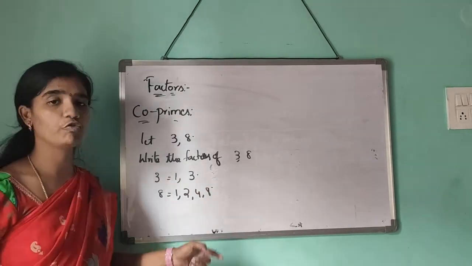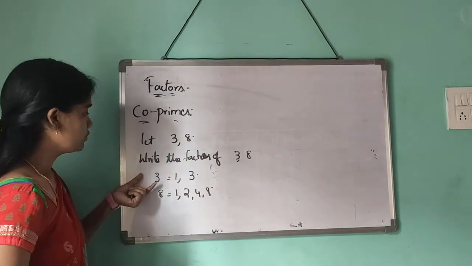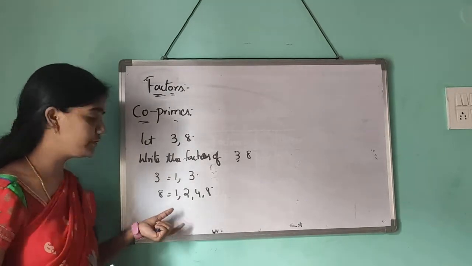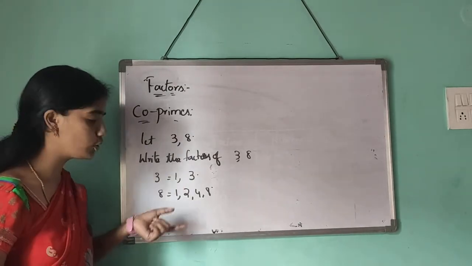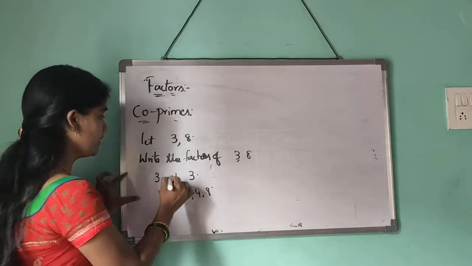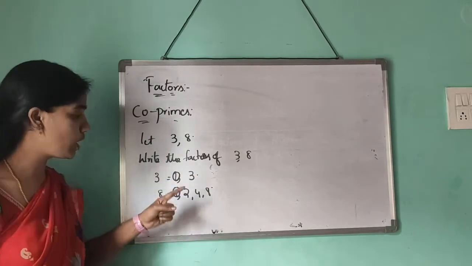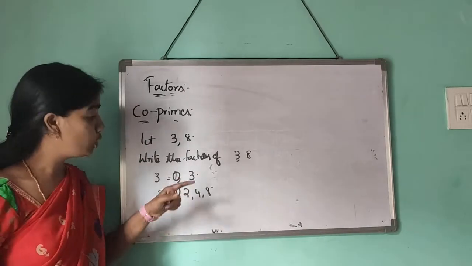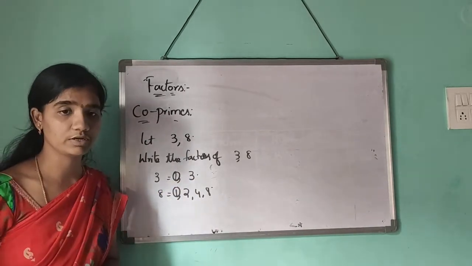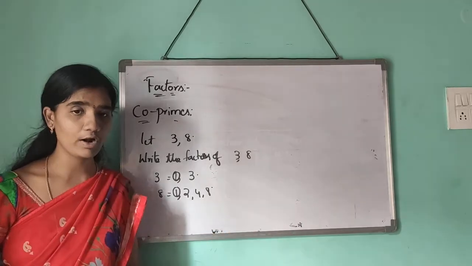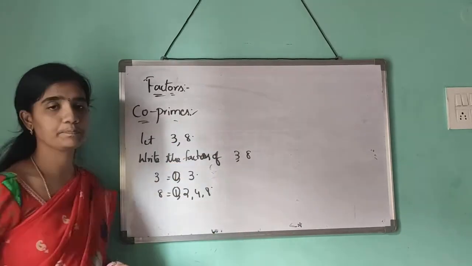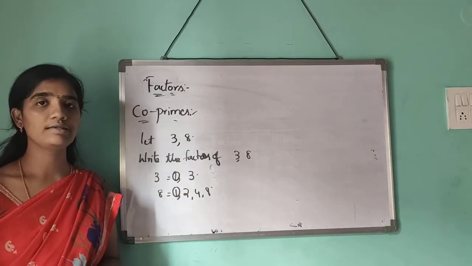If you observe, among the factors, 1 is common. No other factor is matching. So such numbers are called co-primes.